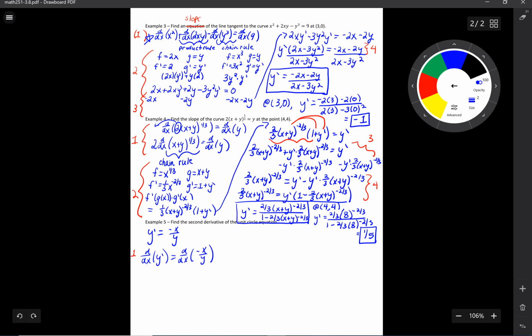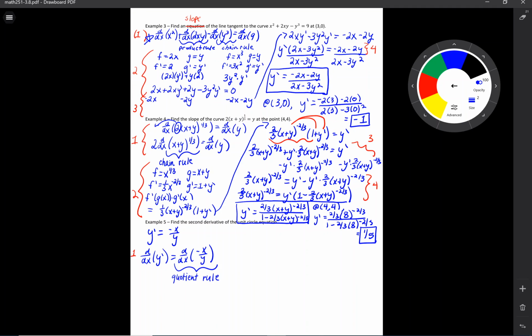The derivative of y prime is just y double prime. Actually, we'll save that for later. But here, negative x over y, I'm going to have to use the quotient rule, since I have a function over a function.